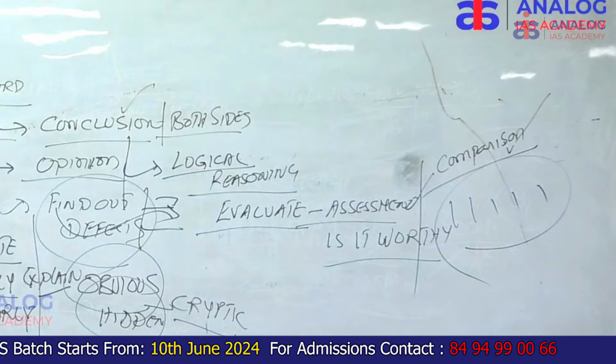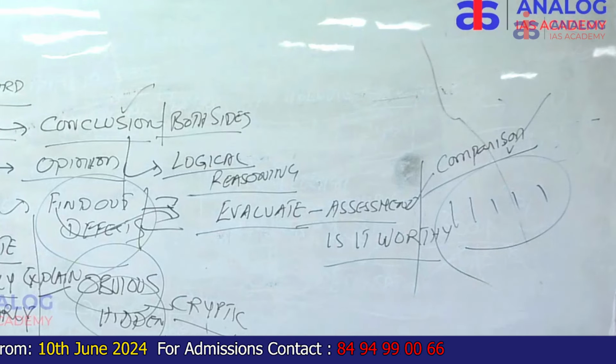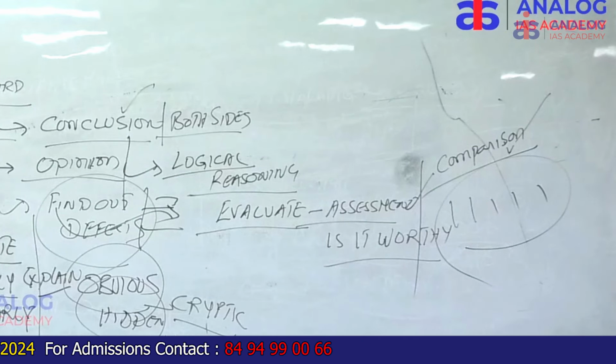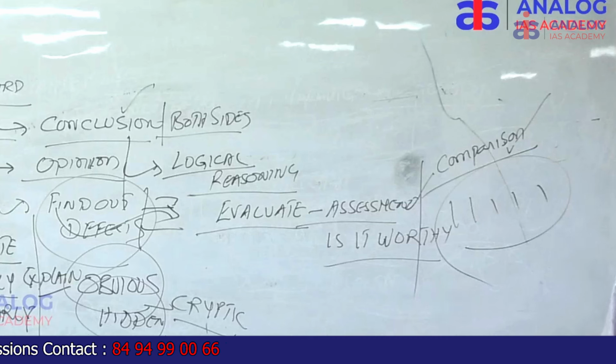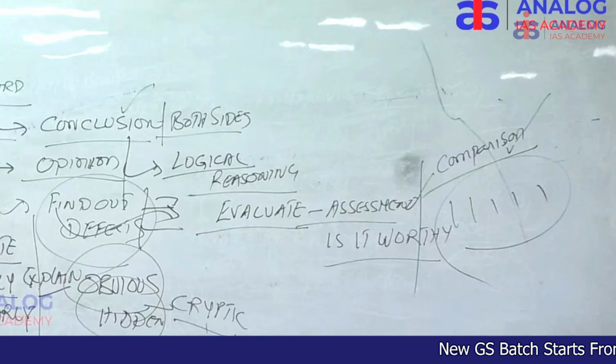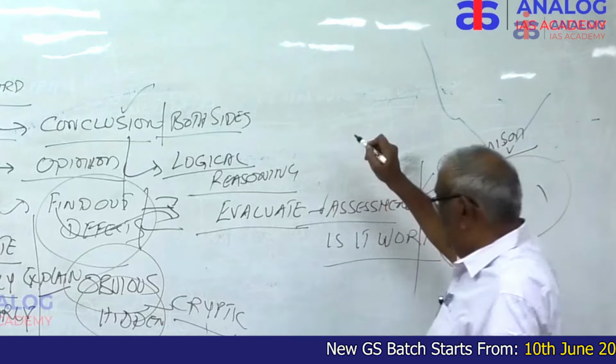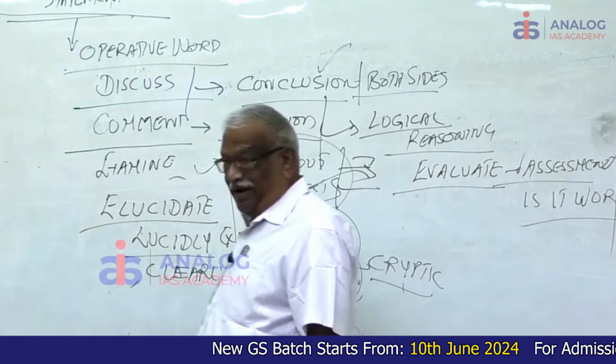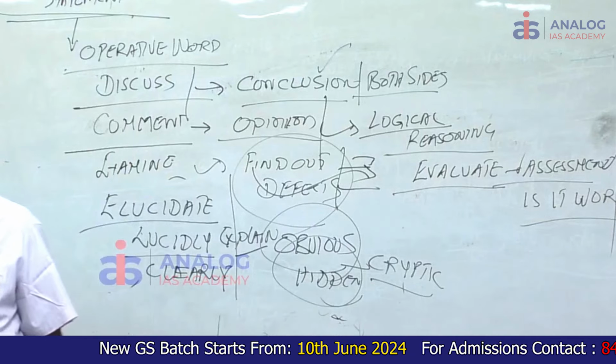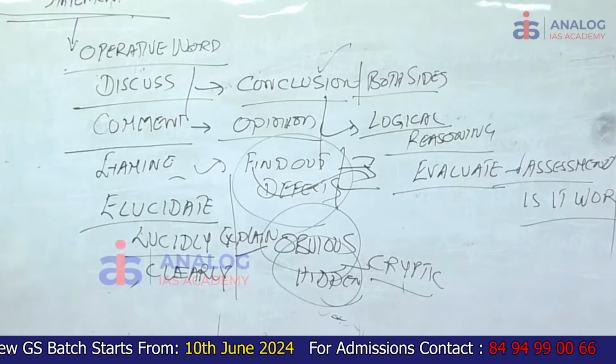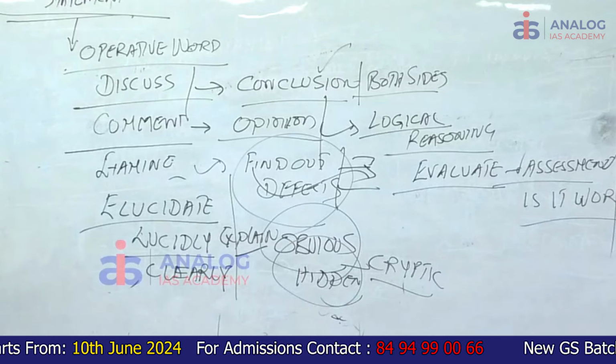You will evaluate on aesthetics, speed, performance, fuel efficiency, and safety. Once all these are done, then you will say, this is what I want. So evaluation is assessment, deciding whether it is worthy or not. Anything, any issue.